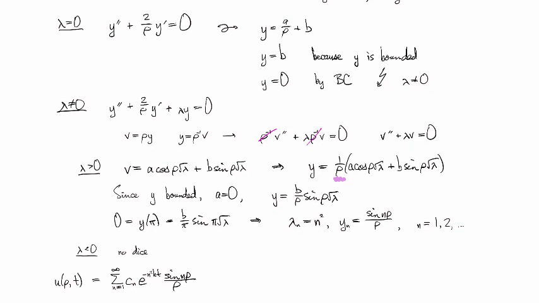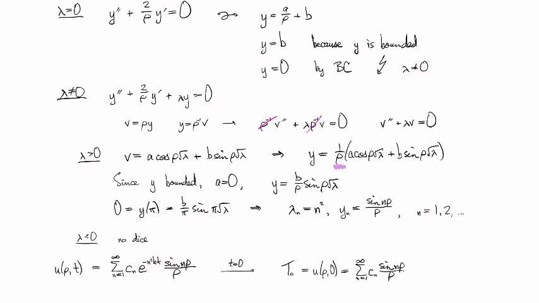When we evaluate this at time 0, we have the initial condition, T0, so that's our u(rho, 0), given by the sum of C_n sine n rho over rho, because the exponentials drop out, as usual.